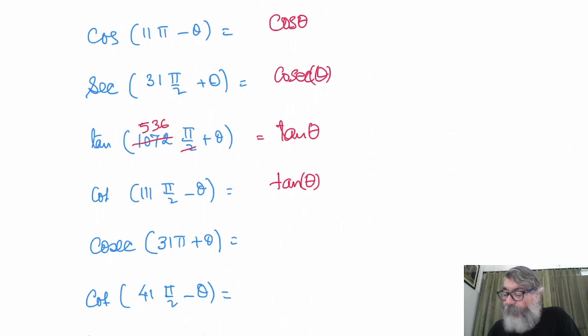Cosec of 31 pi plus theta. Again now we have pi, so cosec will remain cosec. This you should write first only.